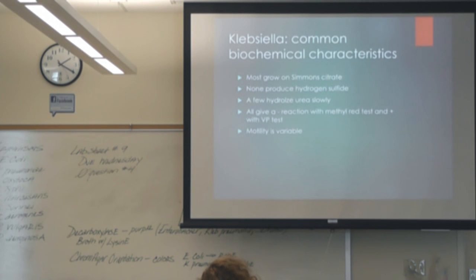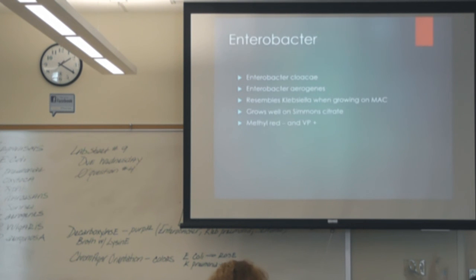Do you guys have any questions on this? Because this should help you too with your unknown, some of these slides, all right? So remember about the hydrogen sulfide, good differentiation between this and like Salmonella and Proteus. All right, Enterobacter. You have two main Enterobacters here. We're gonna spend most of our time on Aerogenes, okay?